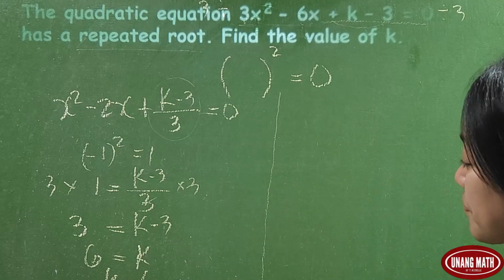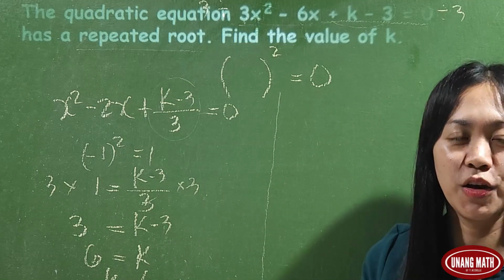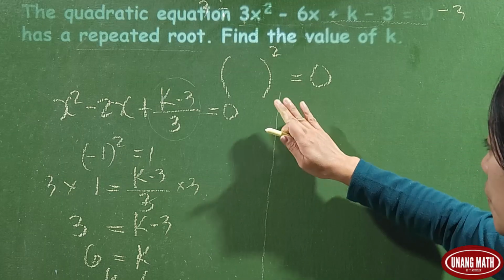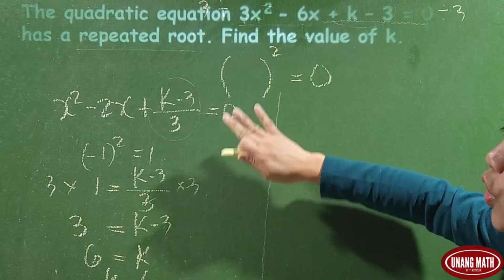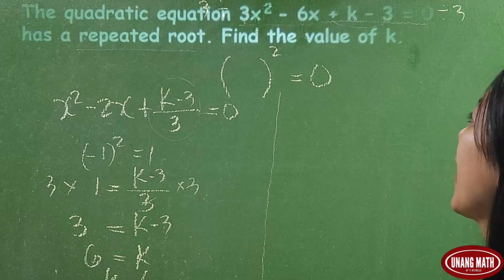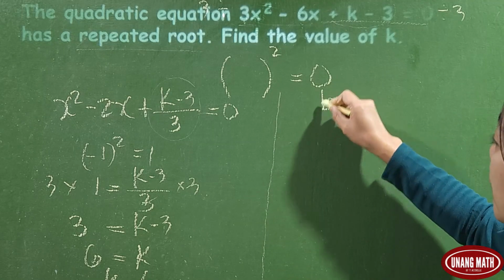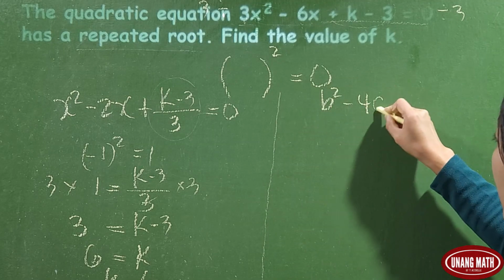Okay, and since we already learned discriminants, we will also use it to find the value of k. So b squared minus 4ac.